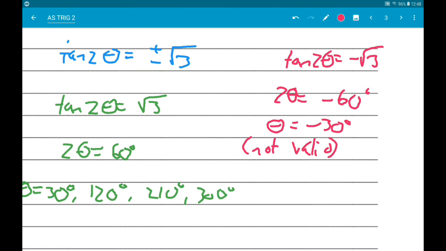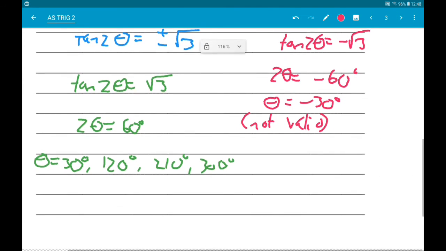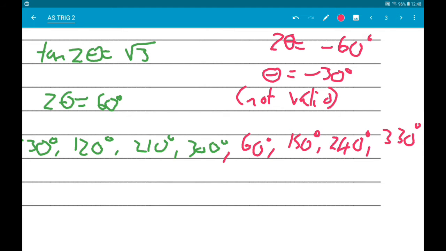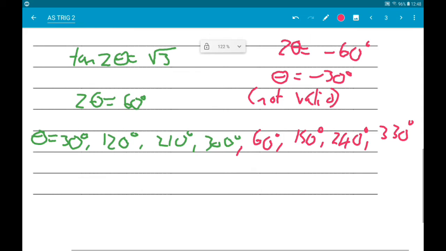So, we're going to actually get then that theta is 60, 150, 240 and finally 330. So, 8 solutions. Good times.